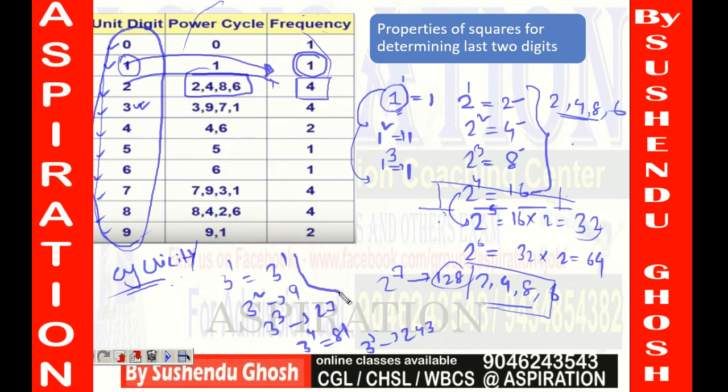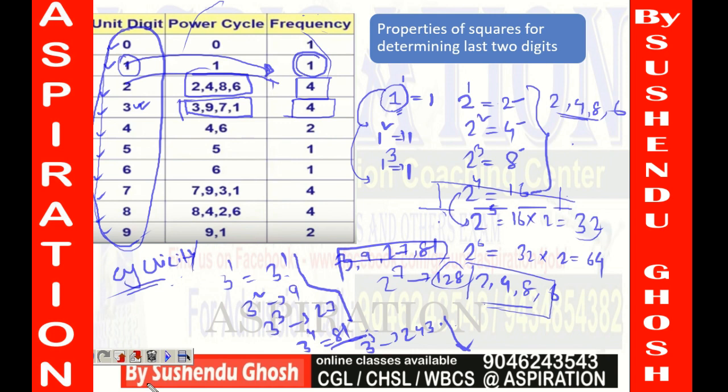Again 3, 9, 7, 1, you will get 3, 9, 7, 1 again. So up to 4 the thing is the same, but after that the same pattern is getting repeated. So the pattern 3, 9, 7, 1 is written here, and the cyclicity will be 4.